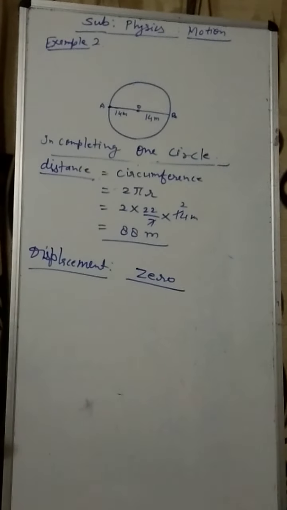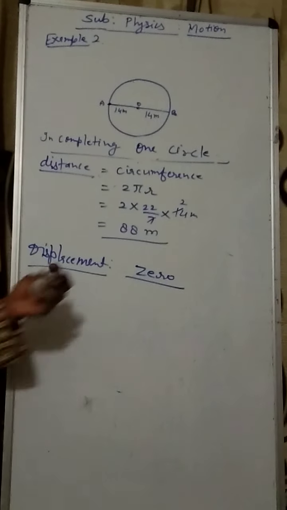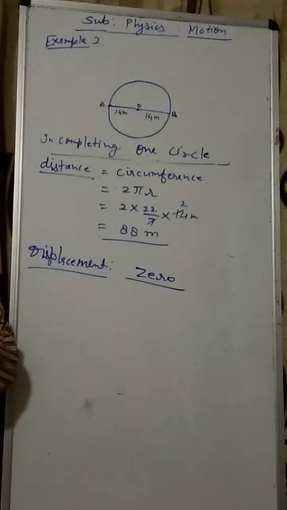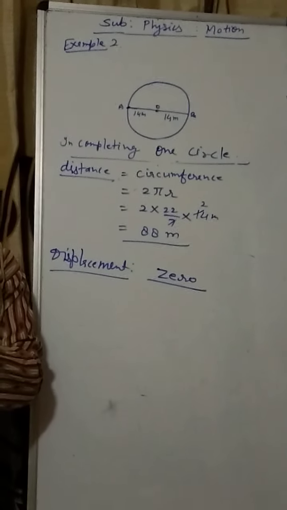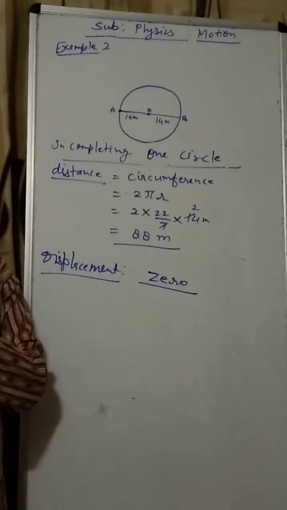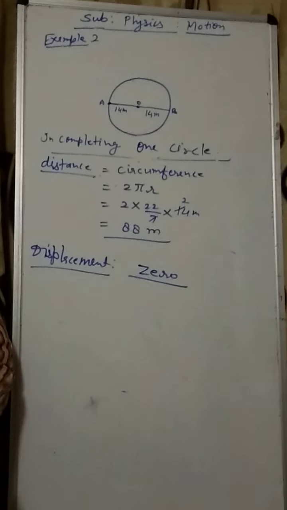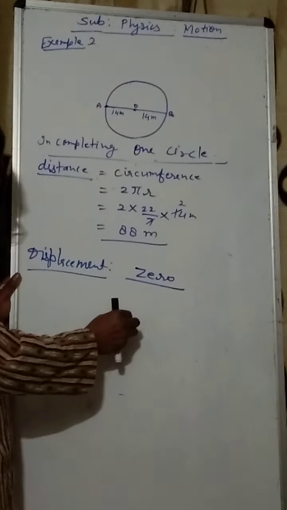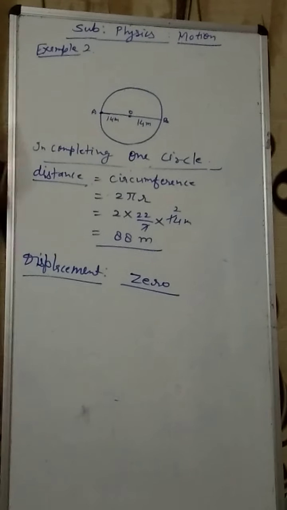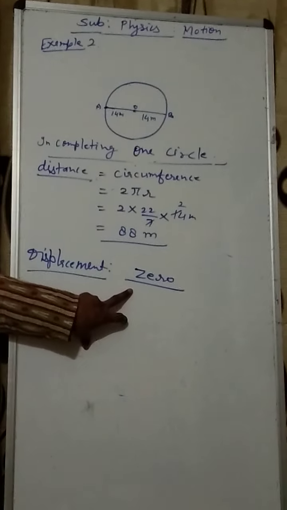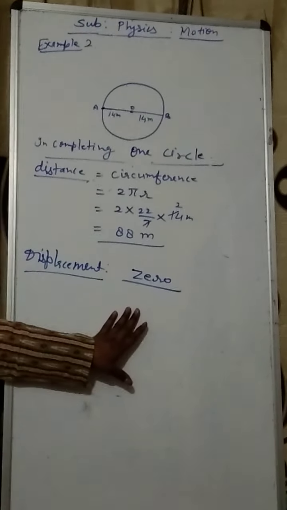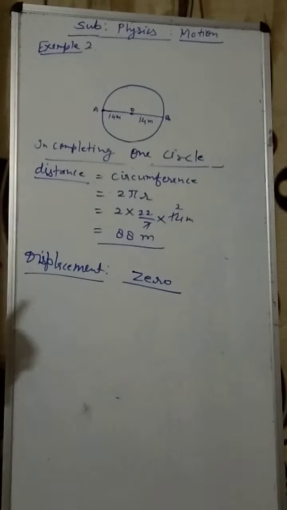In completing one complete cycle, displacement is always 0. You should remember this point: if the initial and final points in a journey are similar, then displacement will always be 0. So as you can see, displacement may be positive, but also 0 if the initial and final points are similar.